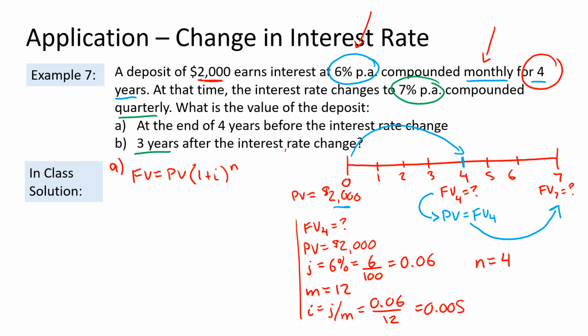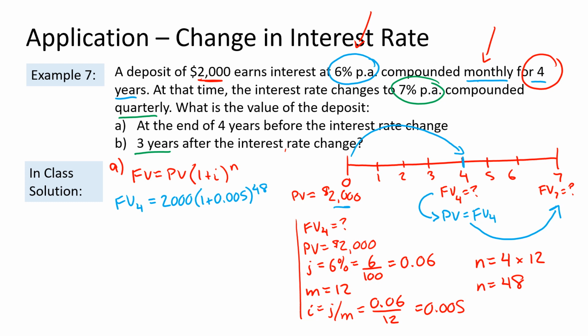So we have 4 years multiplied by 12 compounding periods per year, gives us a value of N of 48. So this allows us to find our first future value. So our future value at year 4 is equal to our present value, $2,000, times 1 plus our periodic interest rate, 0.005, raised to the exponent 48.